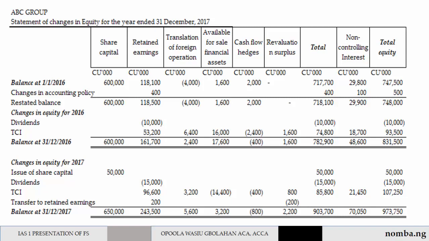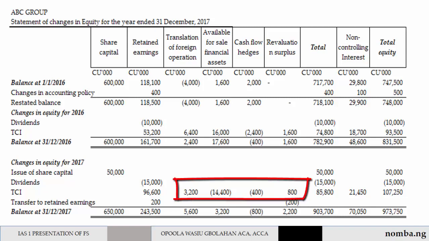And for the retained earnings, the total comprehensive income will be classified into amounts attributable to owners of parent separately from that attributable to non-controlling interest. The addition of these two will represent the profit or loss for the period.